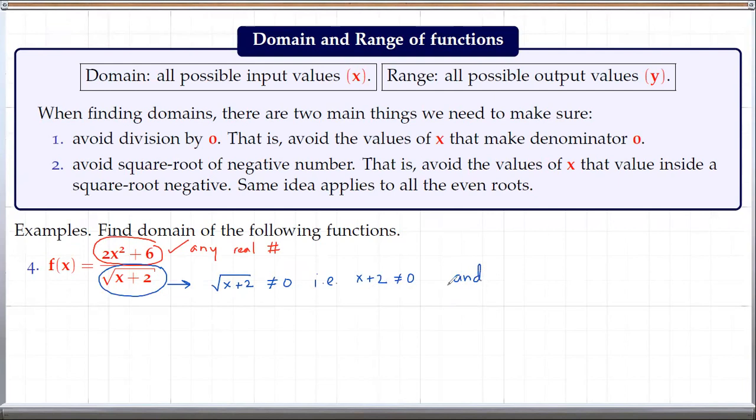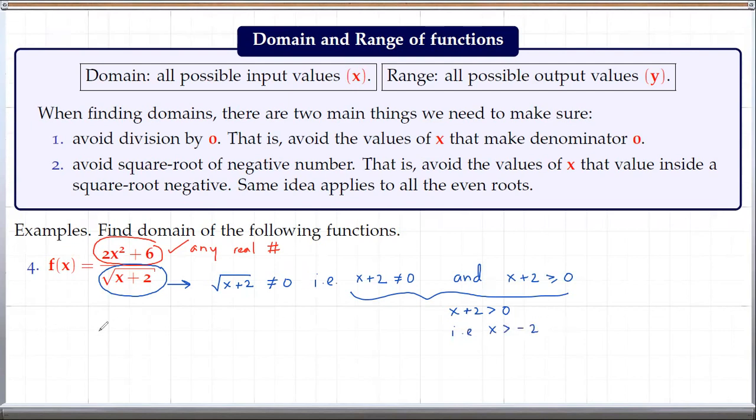And we must have x plus 2 non-negative, so greater than or equal to 0. So this says x plus 2 is not equal to 0. This says x plus 2 is non-negative. So if you put these two together, we must have x plus 2 positive. This is the same as saying x is greater than -2.